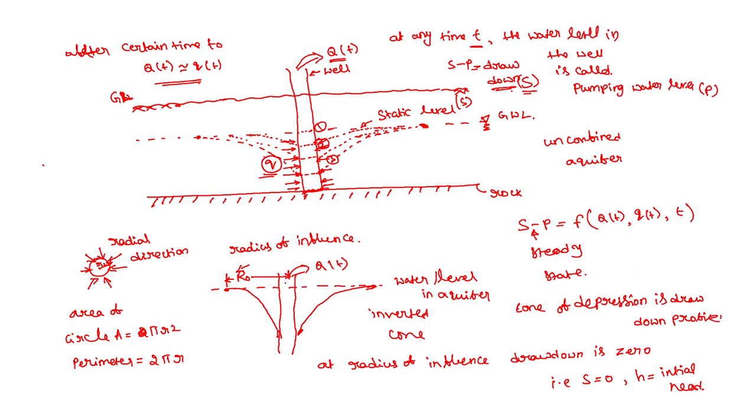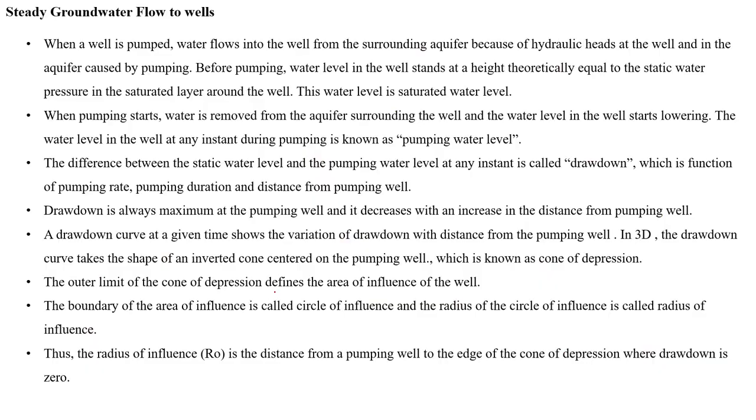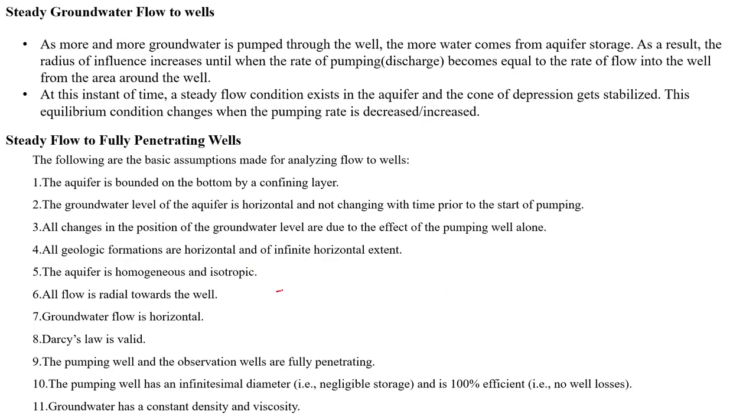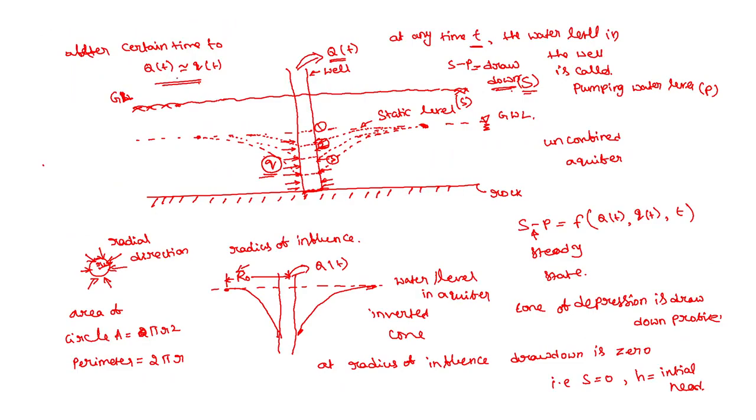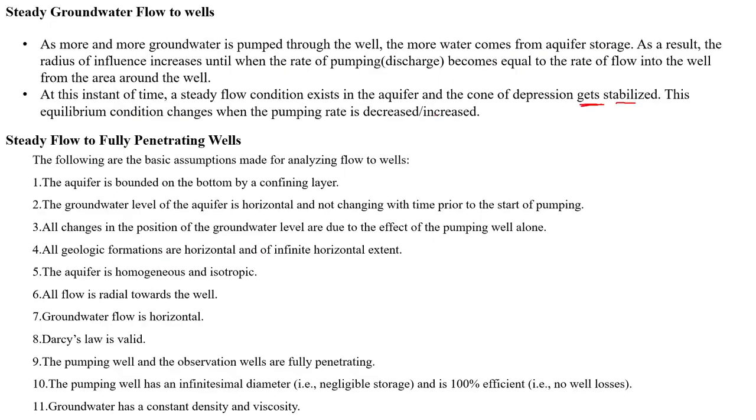So these are the two terms. At this instant of time, steady flow condition exists in the aquifer, and the cone of depression gets stabilized. I told you, after a certain time t, the capital Qt and the small qt will become equal, and this cone of depression will become stabilized.